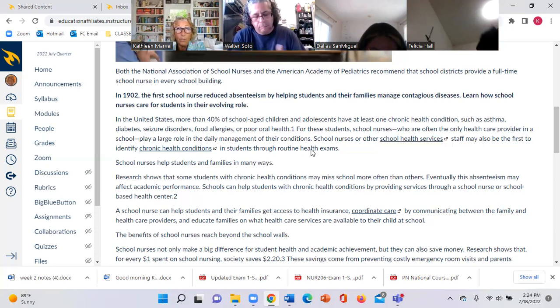And part of the role of the school nurse is to contribute to that team when kids are being evaluated for special ed or having their annual renewals, the school nurse is responsible for doing a health inventory. If it's an initial student going into special ed, you need to be able to do a full health history with the parent and understand what's going on. And then you have to speak with the parent annually to find out if there are any updates. School nurses have a huge role.